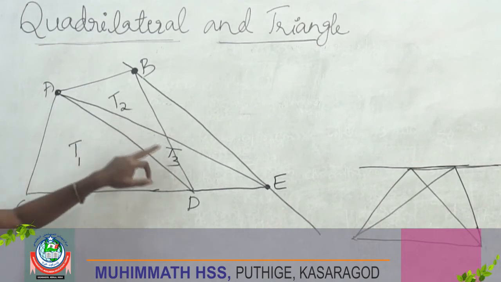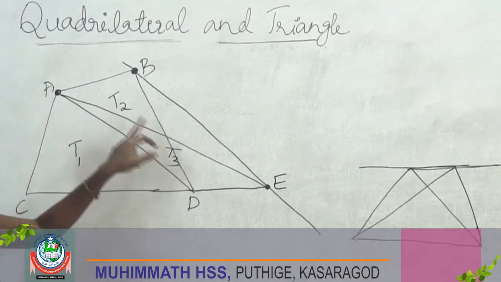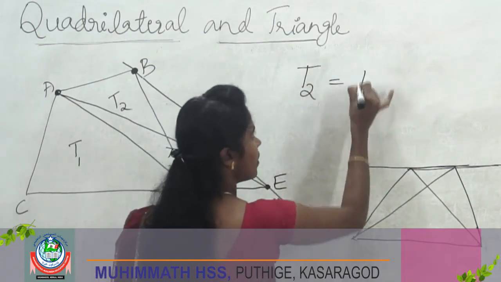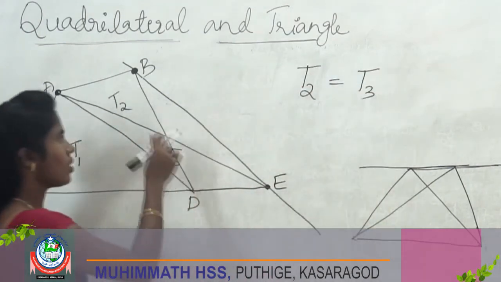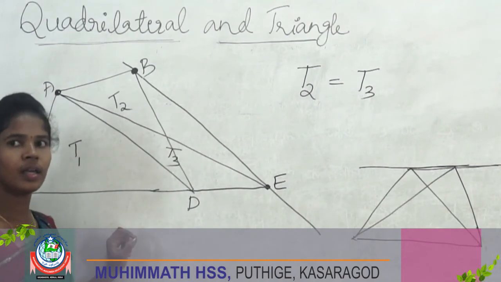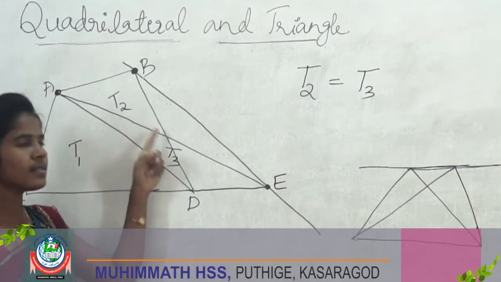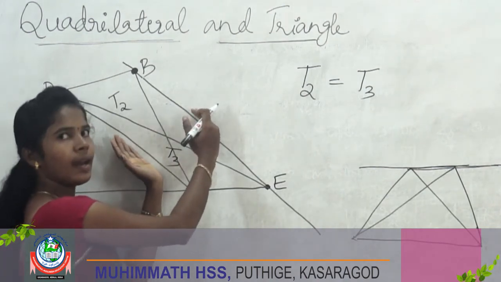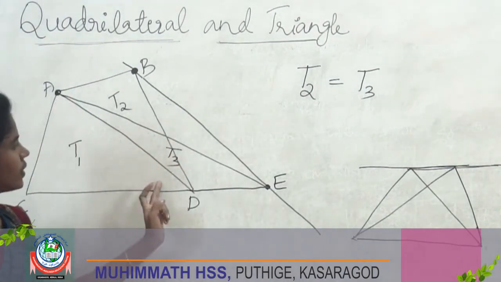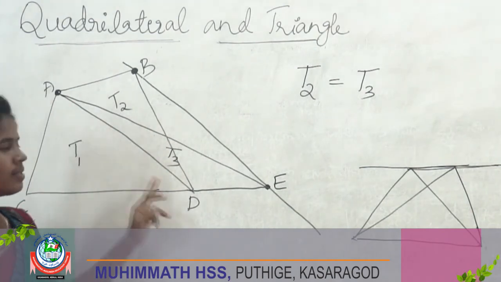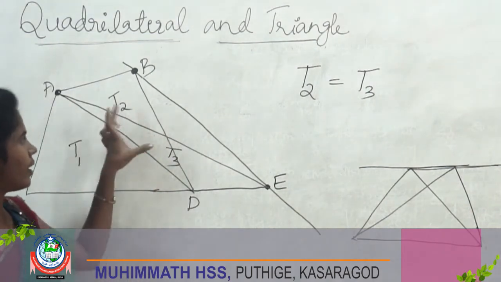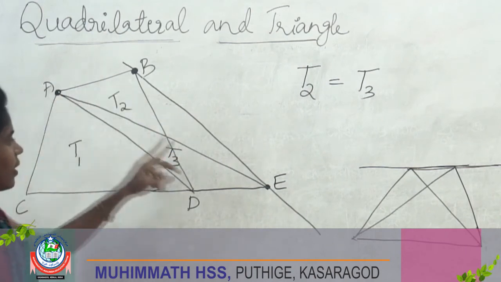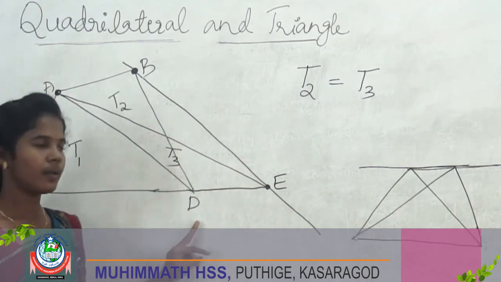Now the areas of these triangles are equal, that is T2 equals T3. Why? Because these two triangles lie in between these two parallel lines, and the base of these two triangles is the same, that is AD. Therefore the areas of triangle ABD and triangle AED are equal.